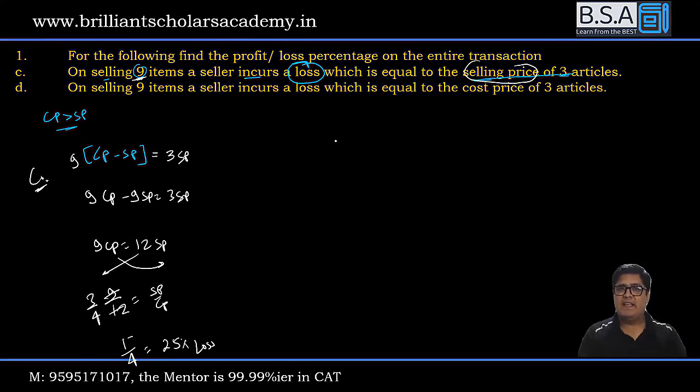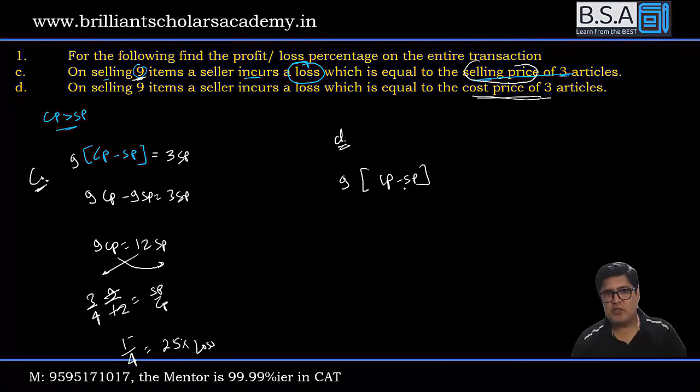What does D say? What is the example D saying? On selling 9 items, a seller incurs a loss which is equal to cost price of 3 articles. Cost price of 3 articles. So 9 into CP minus SP.